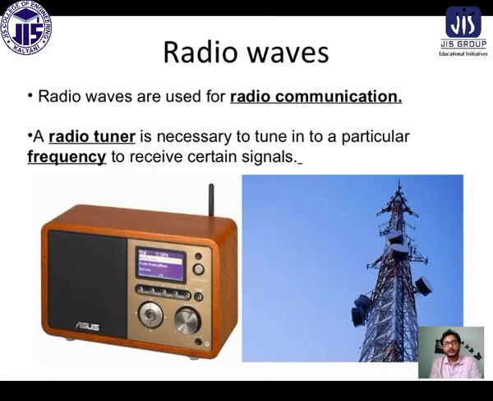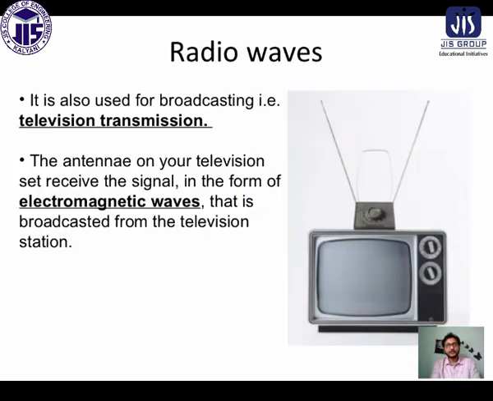Now we'll see a few examples of where we can use this. This is a radio that we all know, in which we use these electromagnetic waves. Similarly, this is also our earlier television, where antennas communicate from sender to receiver.